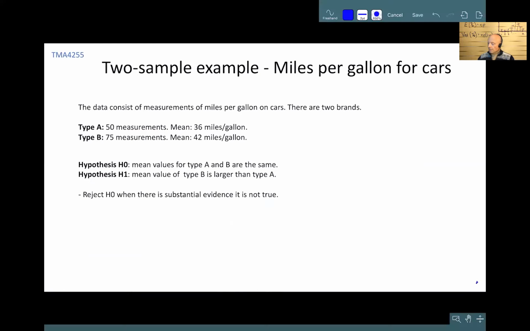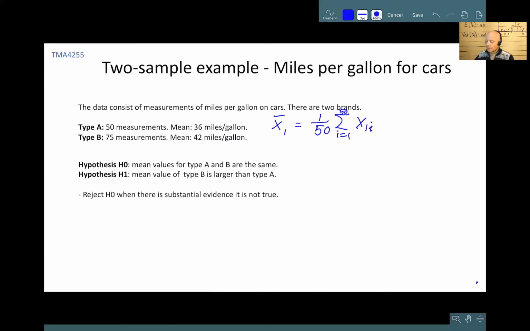So what are we really computing here? Well, for the first one, we construct something called x bar 1. That's the average value from the data samples for the first brand of cars. So we divide by 50, because we have 50 samples, and then we take the sum over all 50 in that sample.